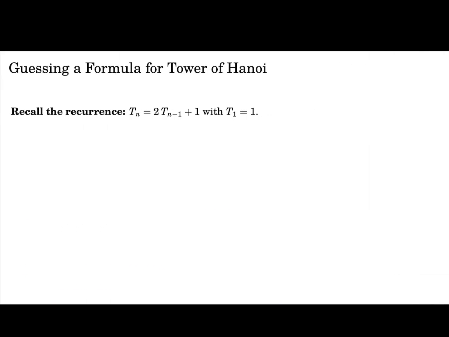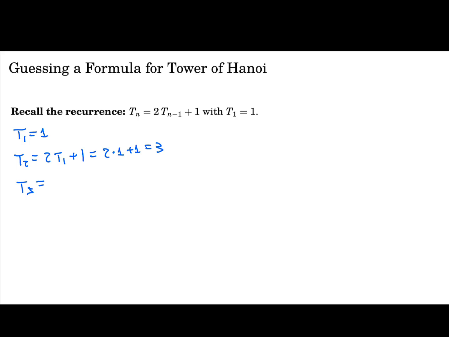So again, this is our recursion. Let's first try to guess a formula for this. We can start by computing some values. T1 is just equal to 1. T2 is going to be equal to 2 times T1 plus 1, so it's 2 times 1 plus 1, equal to 3.